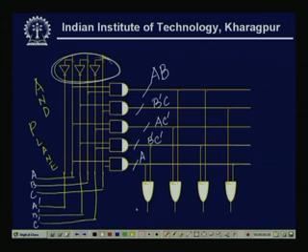So, if this is my W, one input should be A and the other B dash C dash. Similarly, X is AB plus AC dash. Y is AB plus B dash C dash, and Z is B dash C plus A plus B dash C dash. So, this is my OR plane.